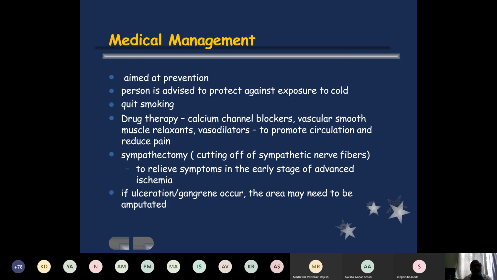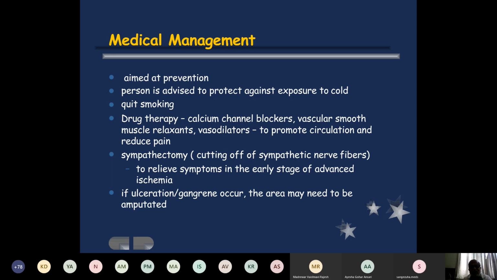In management, the aim is to prevent recurrent episodes. The person is advised to protect against exposure to cold and avoid smoking. Drug therapy is in the form of calcium channel blockers, vascular smooth muscle relaxants, and vasodilators to promote circulation and reduce pain.